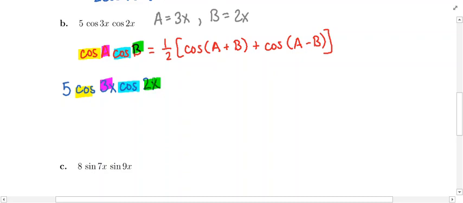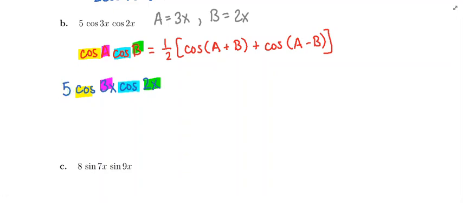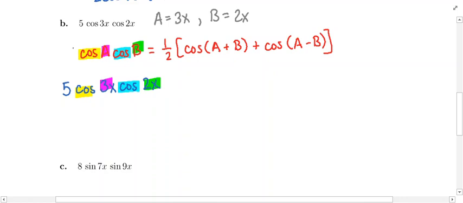Okay, so the only difference here, if I'm comparing my expression to the left side of the identity, my expression has a 5 out front that's being multiplied. Okay, so I'm going to have to adjust the identity to my needs. Okay, to get an exact match, I need to multiply the identity by 5. If I do it to the left side, I need to do it to the right side.